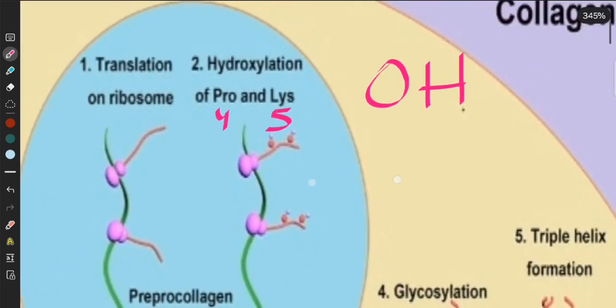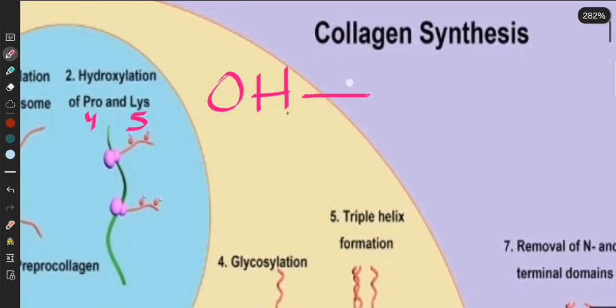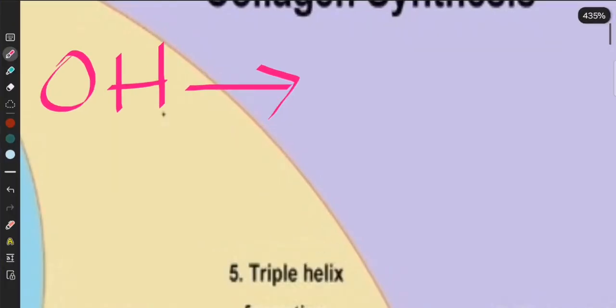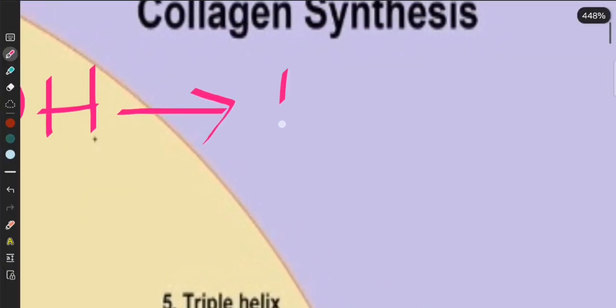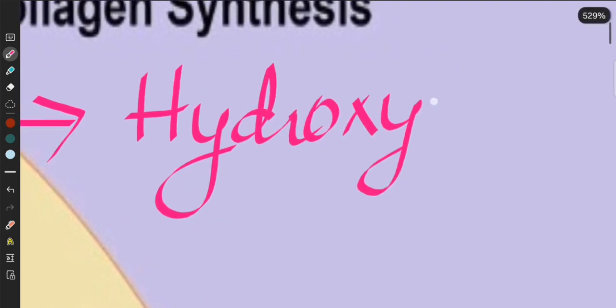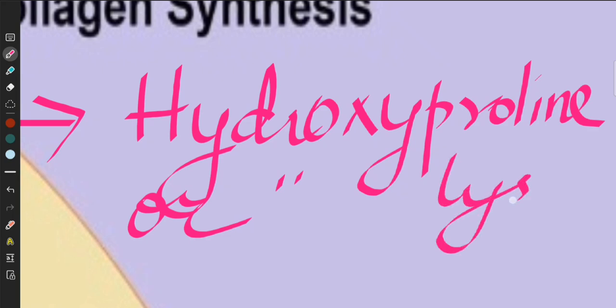After the hydroxyl group is added to proline and lysine, it would be either hydroxyproline or hydroxylysine, right? So these are the two things.